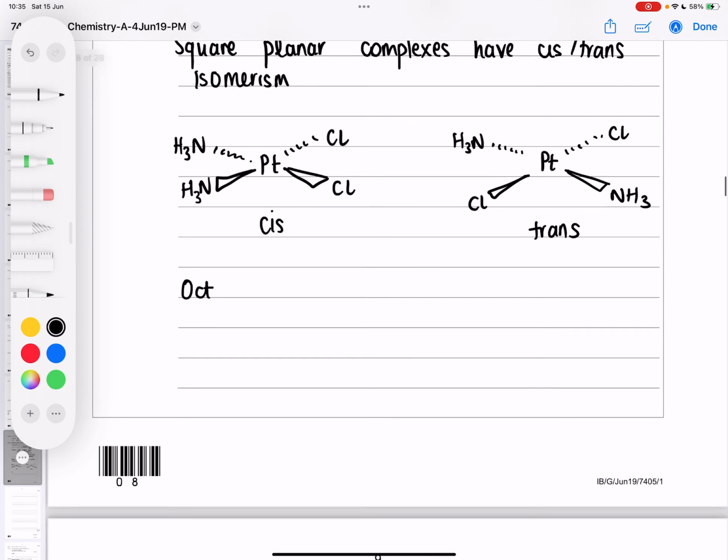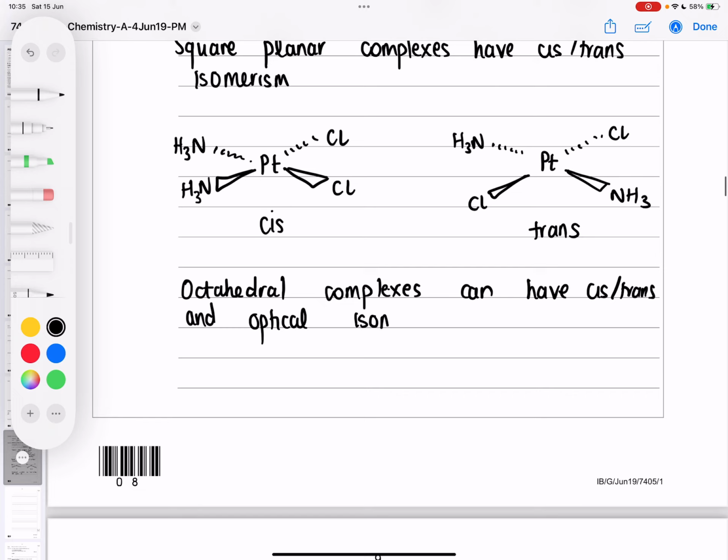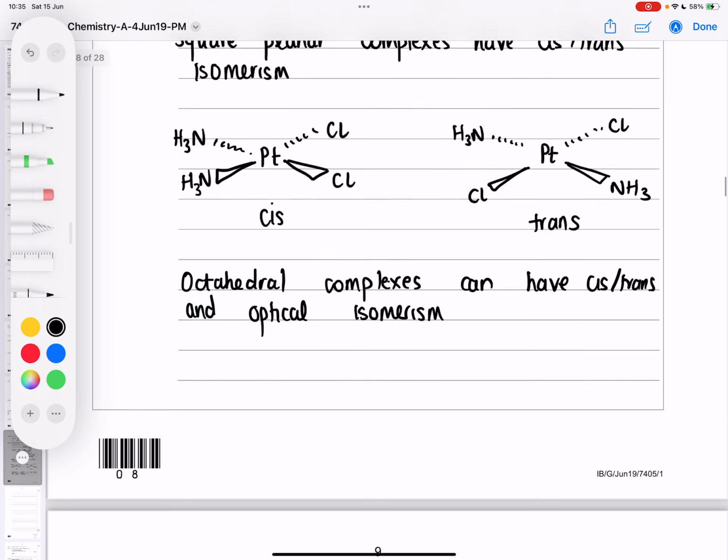Octahedral complexes can have cis-trans and optical isomerism. So I'm going to pick an easy complex for cis-trans to start off with.